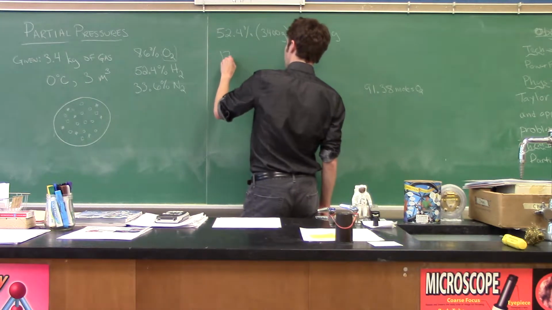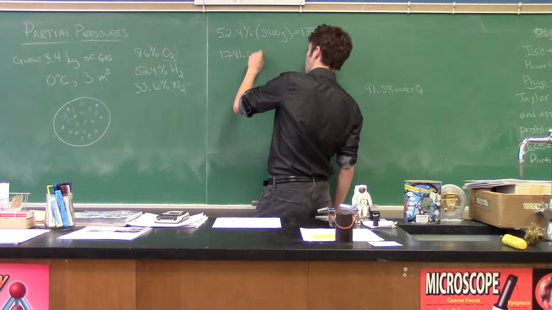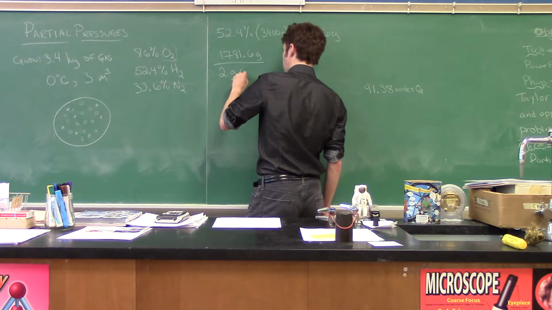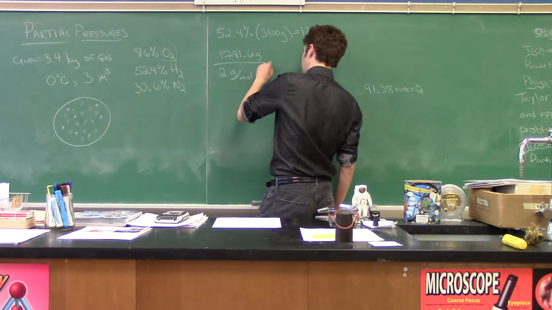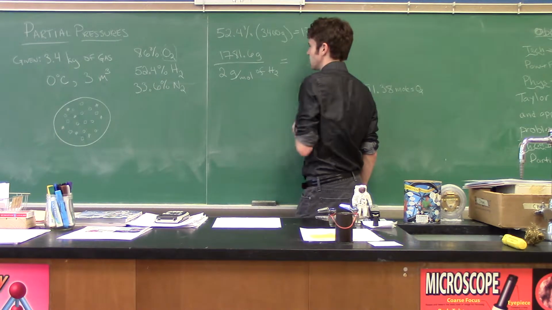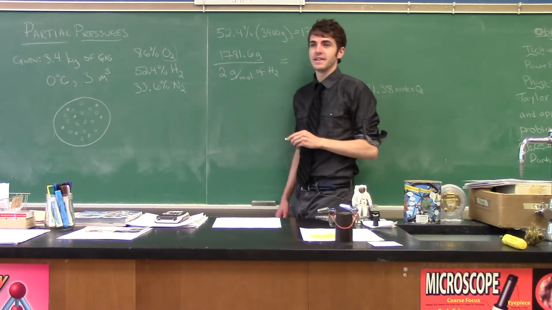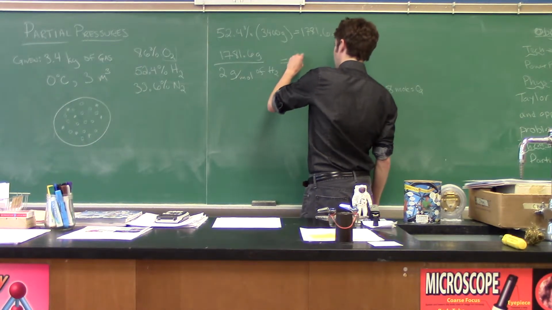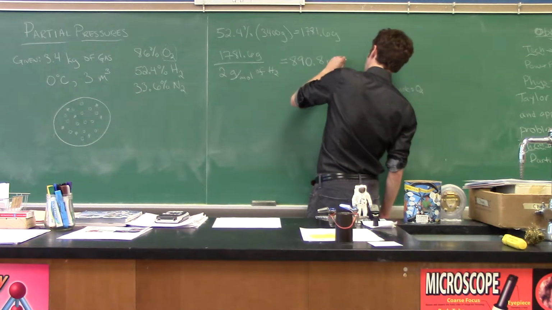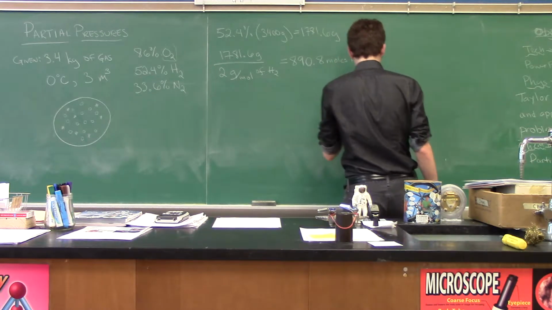So we'll take the 1,781.6 grams and divide that by 2 grams per mole of H2. Calculation? Dan? 890.8. 890.8 moles, so we'll write that over here too.